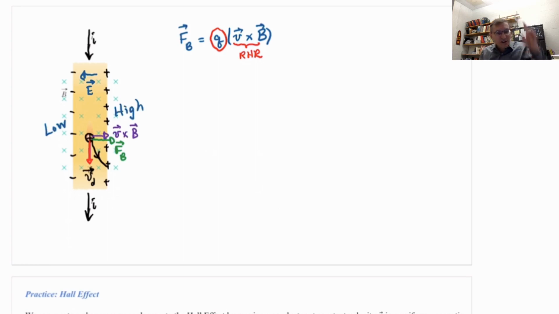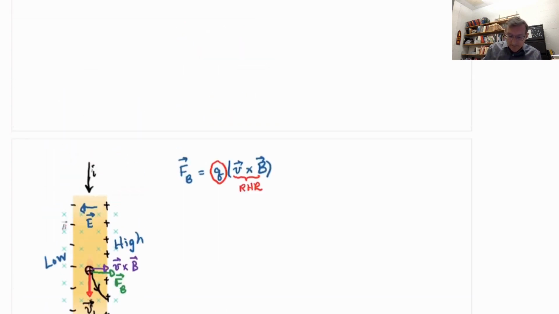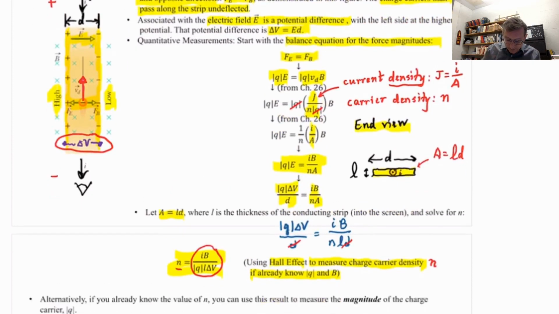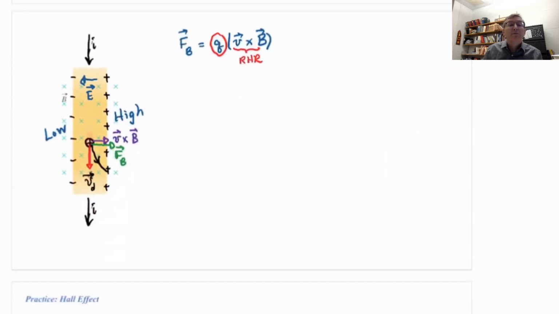Note that that's just the opposite polarity of the potential difference to what I had with the negative charge carriers, right? See there, with negative charge carriers, the left side of the strip was high potential and the right side was low. If what you've really got is positive charge carriers for your conductor, then the right side will be high potential and the left side will be low.